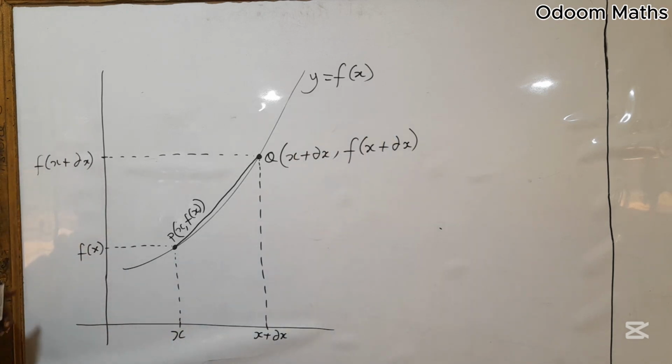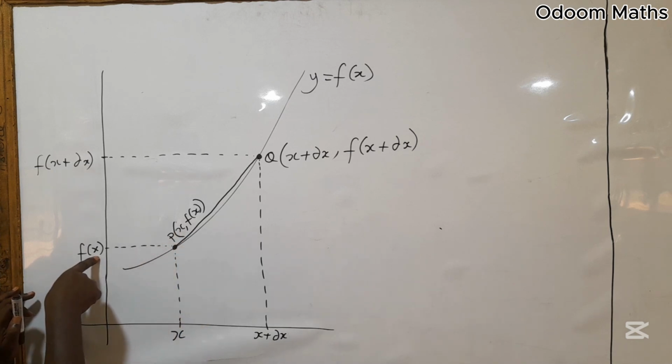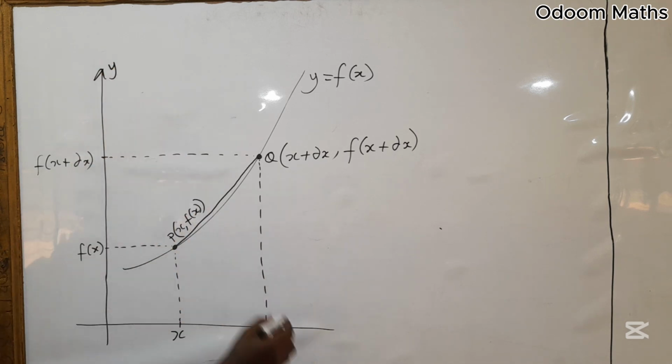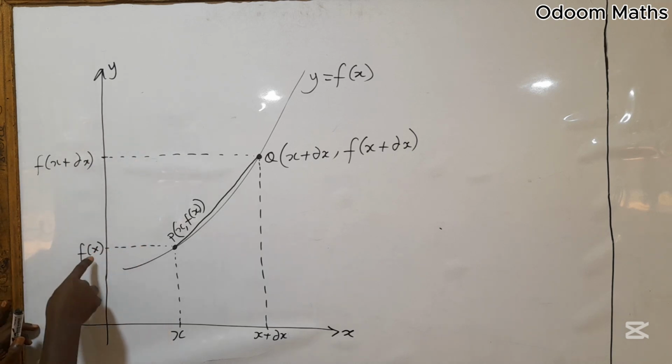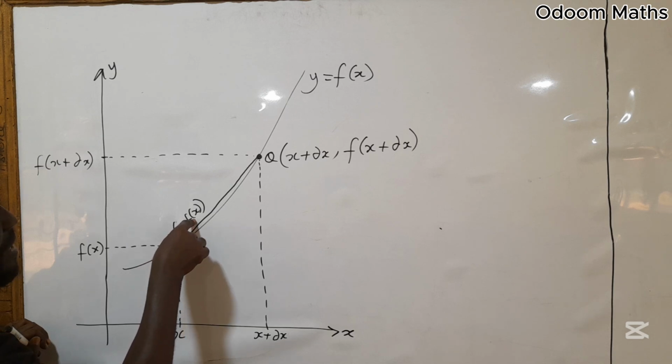So the first point here is x for the point P. Then the first of the y-axis is also, so let me name my axis, it's also f of x. So the point is x, comma, f of x.